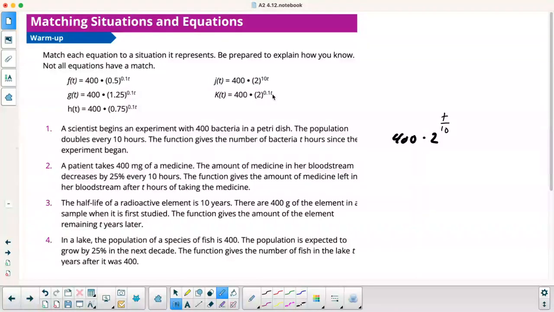This one. 0.1 is really like 1/10 t. If I wrote 1/10 t, it's the same as t over 10, and it's the same as 0.1 t. So this one would be k of t.